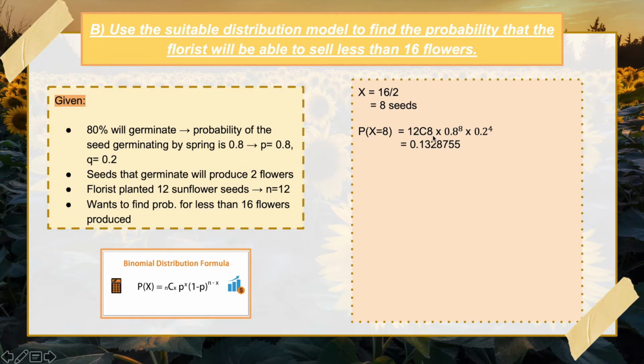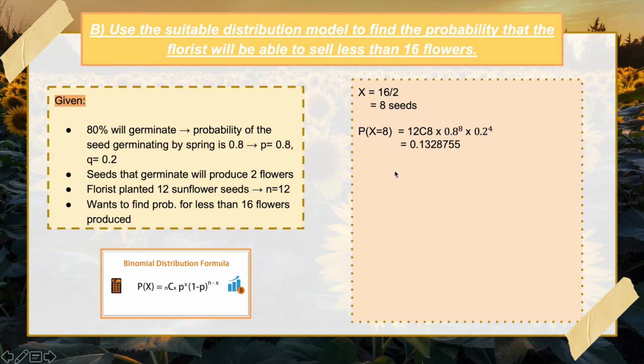Since 8 is closer to 12, it is more efficient if we calculate the probability for x more than or equal to 8. Then find the complementary probability of it to get the answer. To do this, we first need to substitute each probability to the binomial distribution formula.